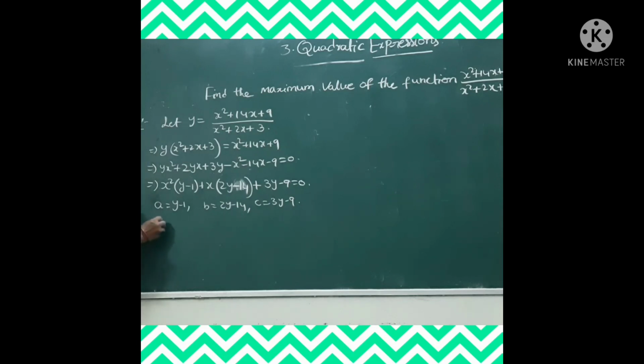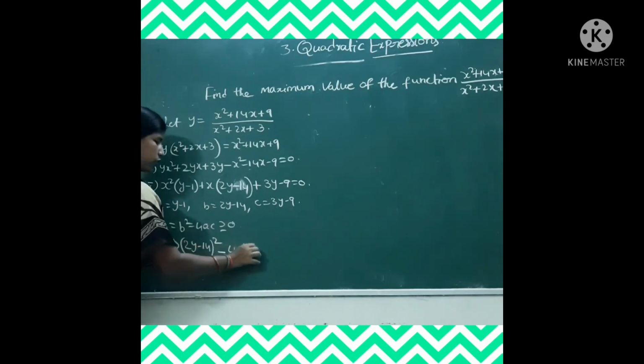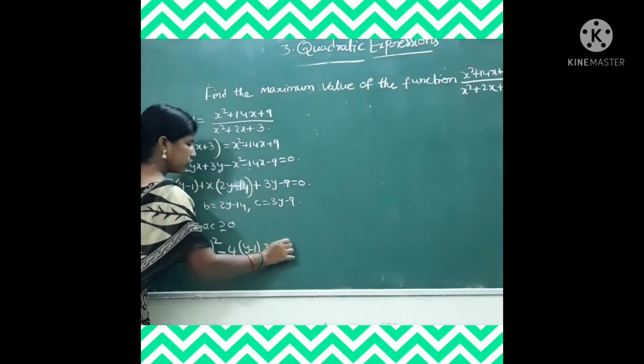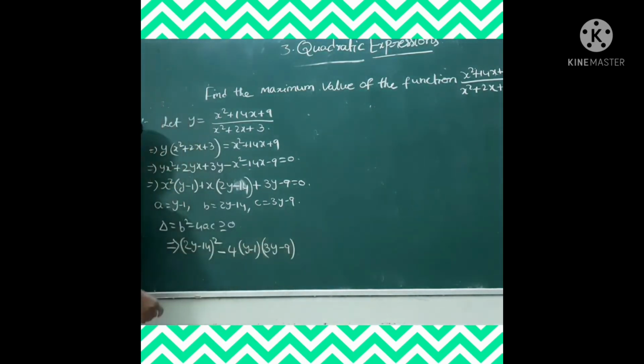Okay, now we find out the discriminant of this equation. Since these are real roots, delta is equal to b square minus 4ac, which is greater than or equal to 0. And that implies b square means 2y minus 14 whole square, minus 4 into a, that is y minus 1, into c, 3y minus 9.